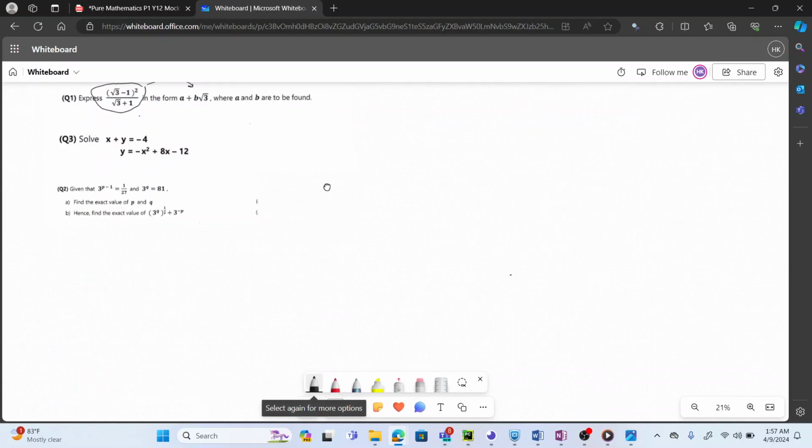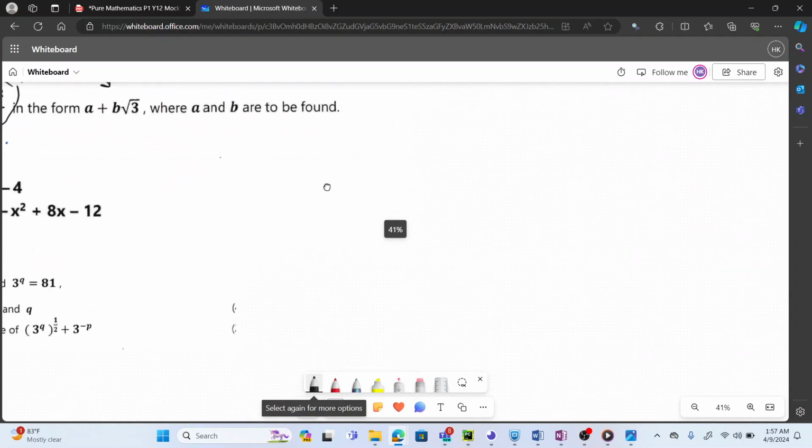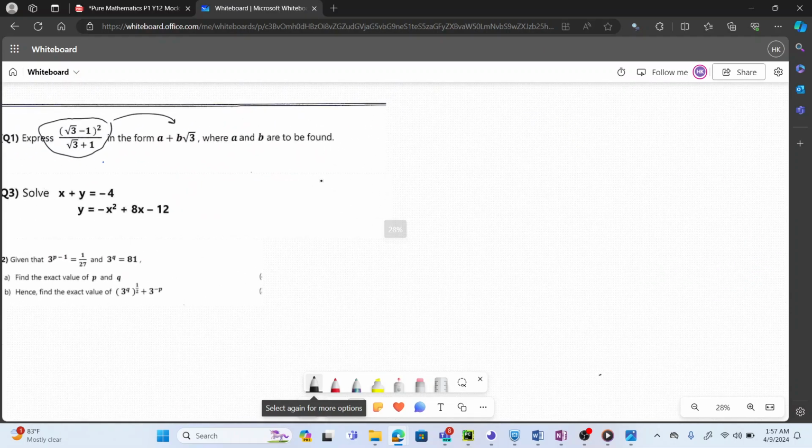Now if I'm going to solve this simultaneous equation, what I'm going to do is: x plus y is equal to minus 4 and y is equal to minus x squared plus 8x minus 12. Sorry.